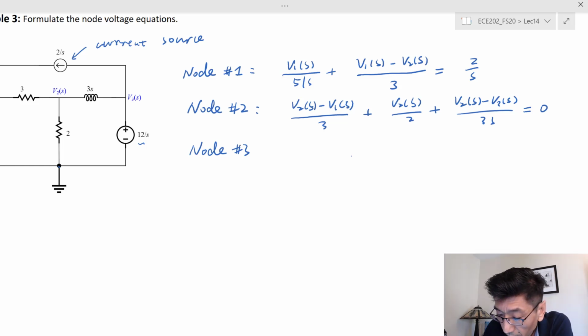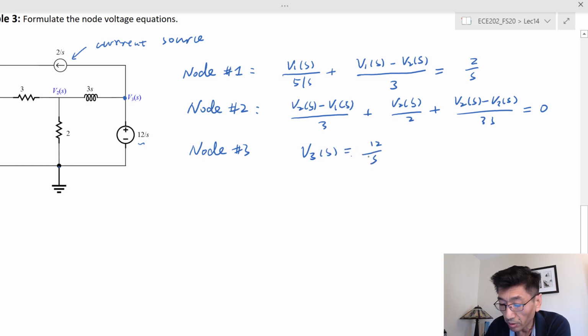Luckily, we can write the node equation based on the element constraint directly. So V3 is just equal to the source voltage here because of the orientation of the voltage. So these are 3 equations we can write for this case.